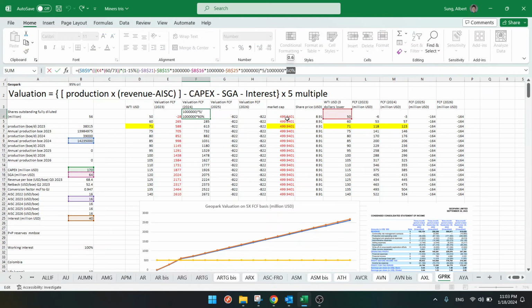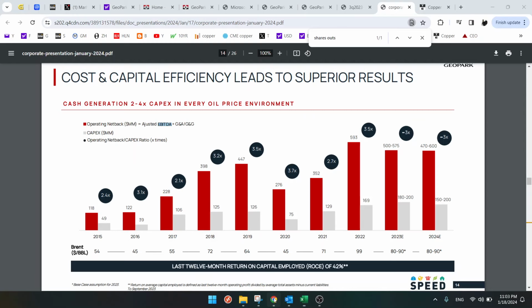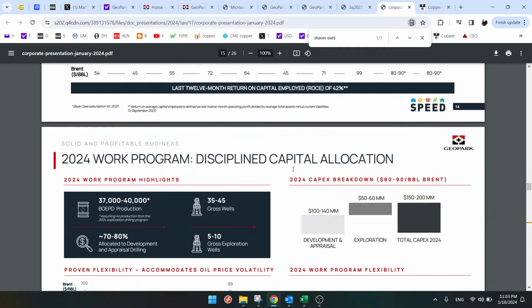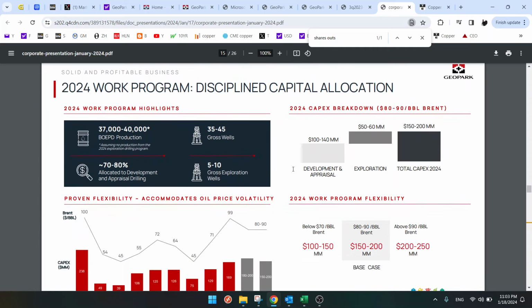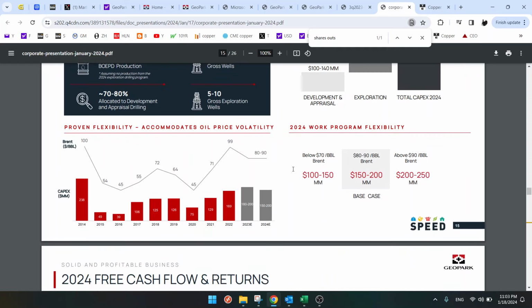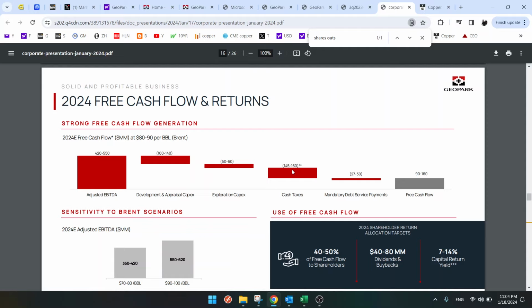We have 60%, so 40% tax. Yeah, you need to calculate the tax as well. This company pays a lot of taxes. We saw 50%. Free cash flow, yeah.